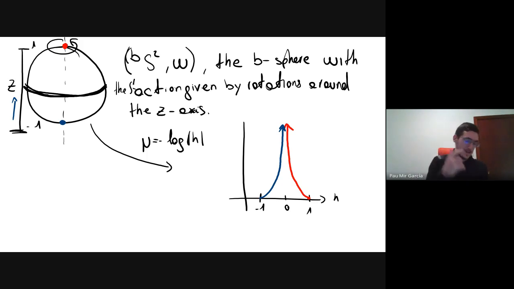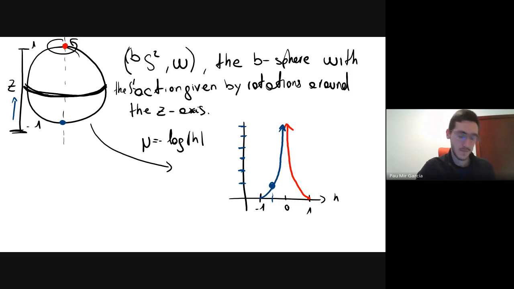And what is the idea? Let's assume that this is an integer, this is an integer, this is an integer, etc. Which are the Born-Sommerfeld leaves we have here? We have one here, in the South Pole.